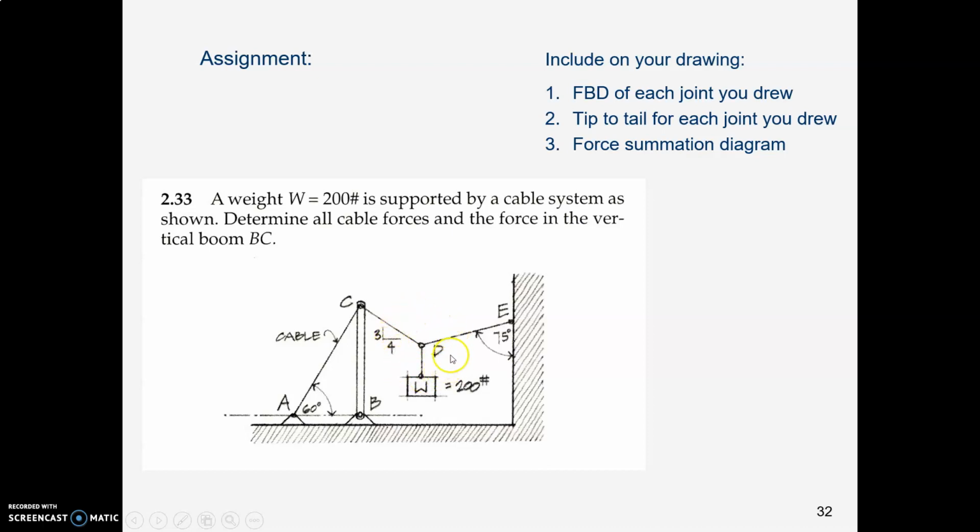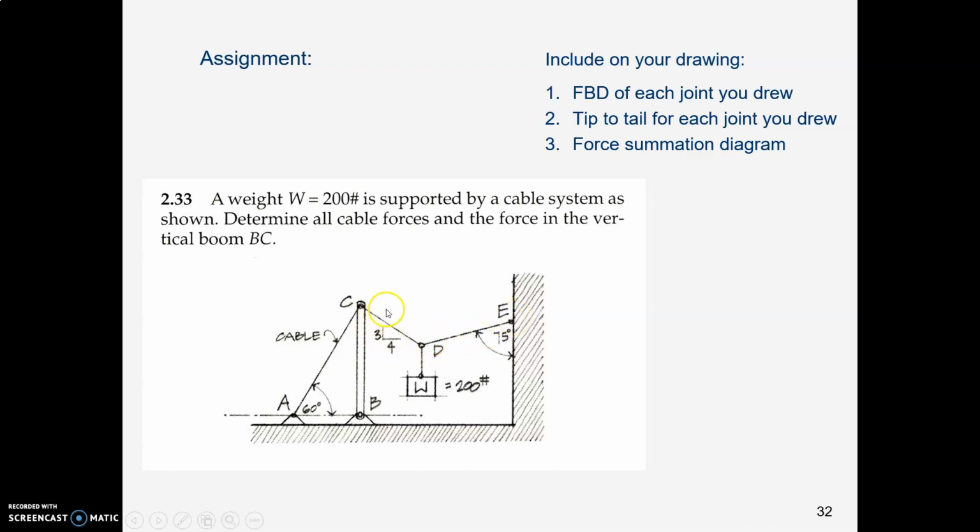You will focus in on joint D, and you will draw a free body diagram of joint D. And hopefully you'll be thinking, well, these cables are all in tension, so you're going to have 3 forces all pulling away from D. And once you do that, you will be able to figure out how big CD is and how big DE is.